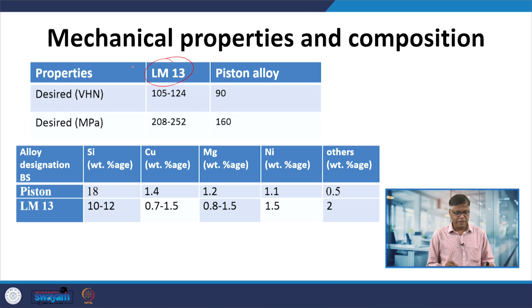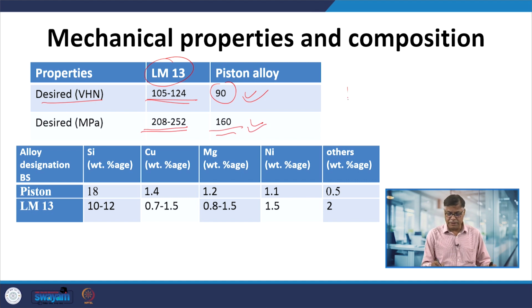The piston was made of an aluminum alloy, wherein the desired hardness was in the range of 105 to 124, but the piston which failed had a hardness of 90. Similarly, the tensile strength of the piston material should have been in the band of 208 to 252, but it again had a lower strength. So, the piston which failed prematurely had lower hardness and lower ultimate strength.